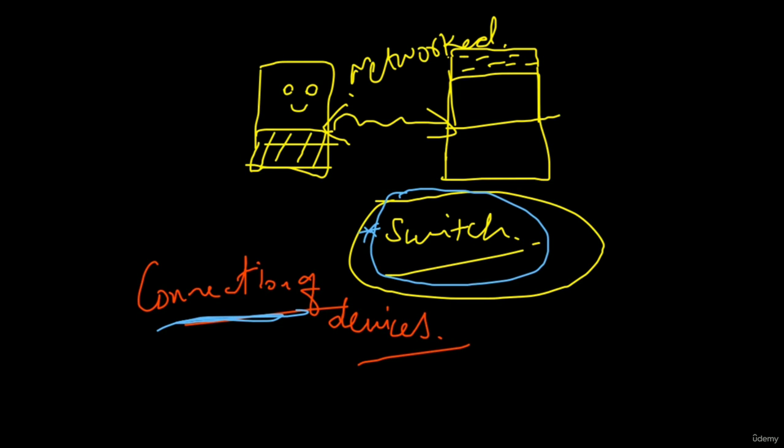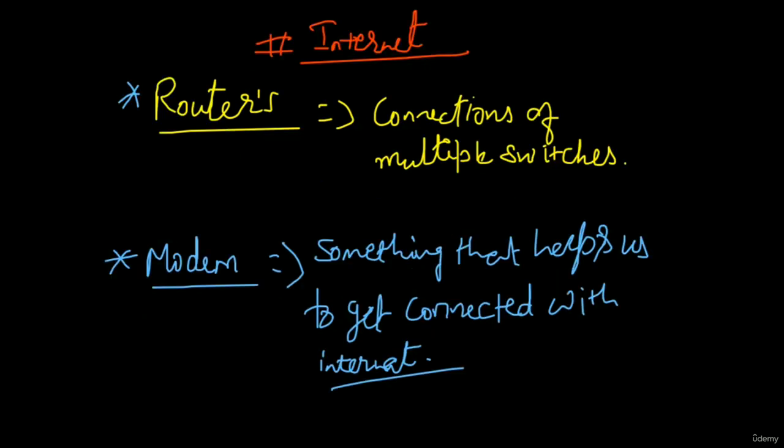When you multiply that switching system to multiple things with a little bit of sophistication, you can call that a router. And that router in its advanced form is the modem that helps us to connect with the internet. The internet is just the connection of the connections. It's a web where we are getting connected.